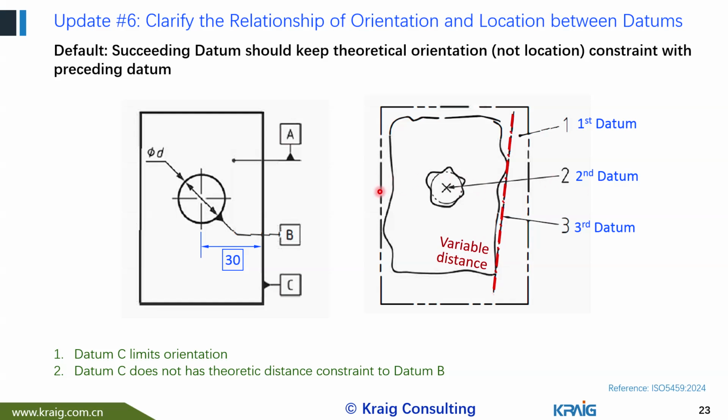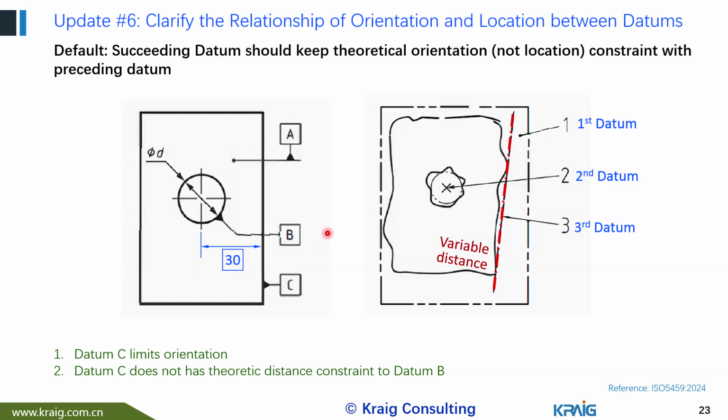Another key here is datum C is not required to be located at basic dimension to datum B. So datum C is not required to be perfectly located to datum B. This is not required at all.